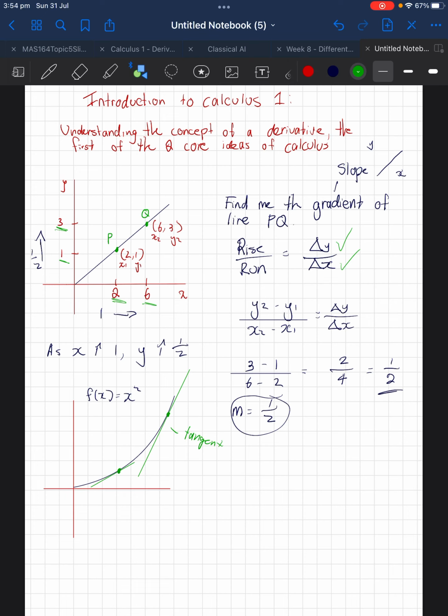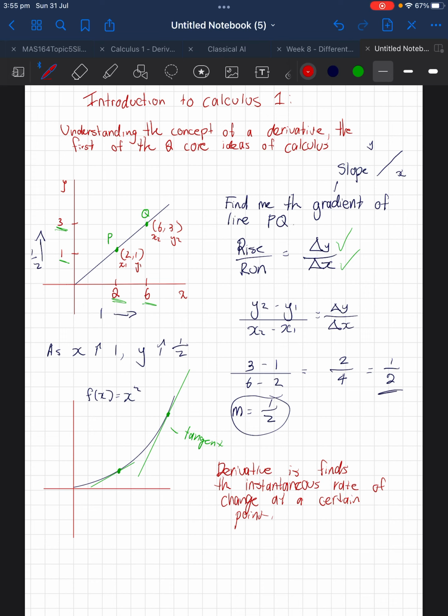And what the derivative does is it finds the, sorry, not even the rate, the instantaneous rate of change at a certain point.